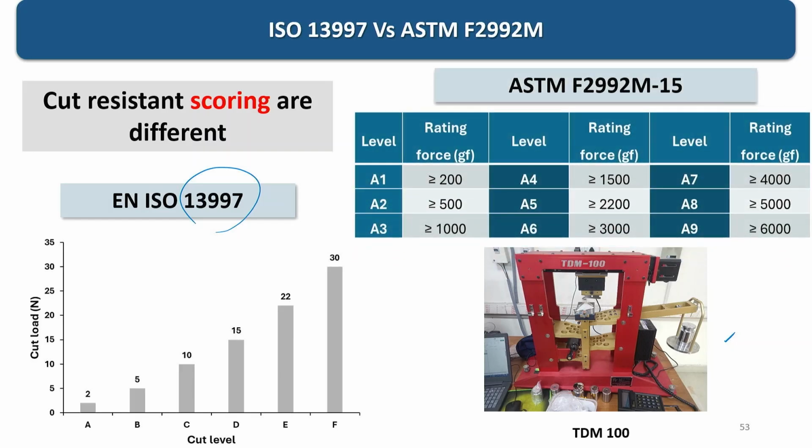In the ASTM method the ratings are A1 to A9, okay, and in the EN method it is A, B, C, D, E, F. So F is the maximum cut protection in EN and A9 is the maximum cut protection in ASTM.